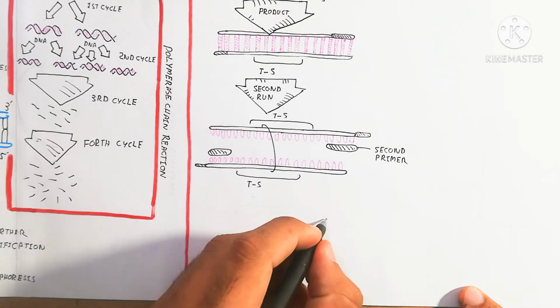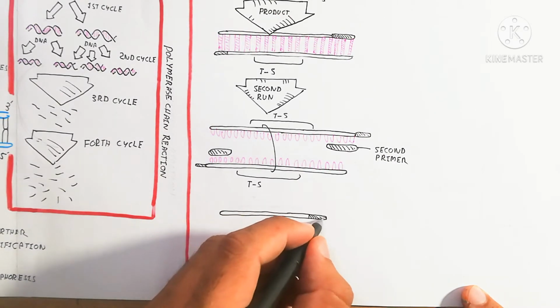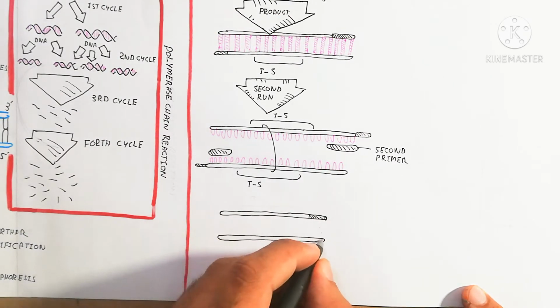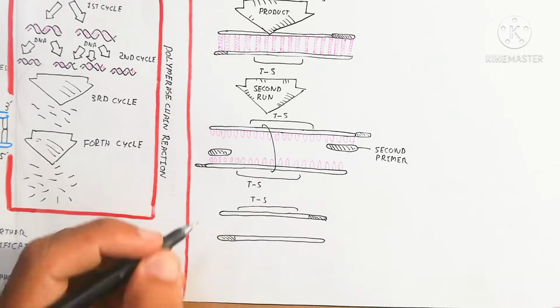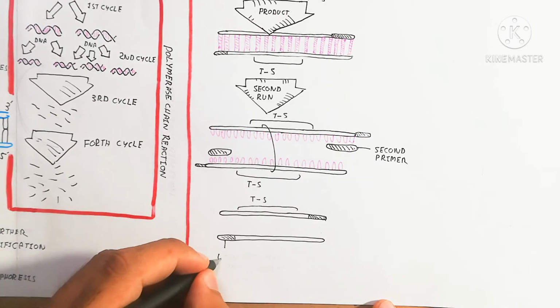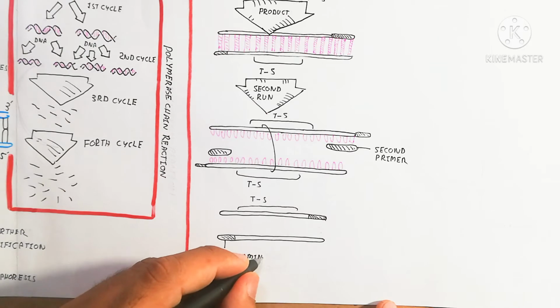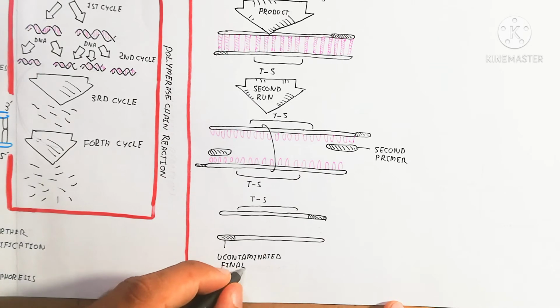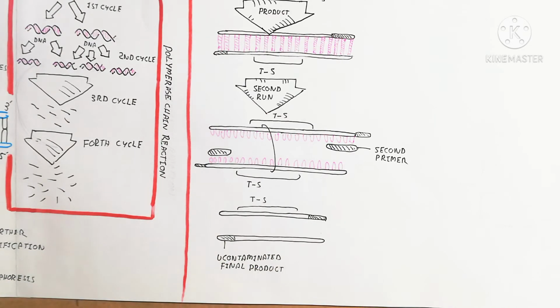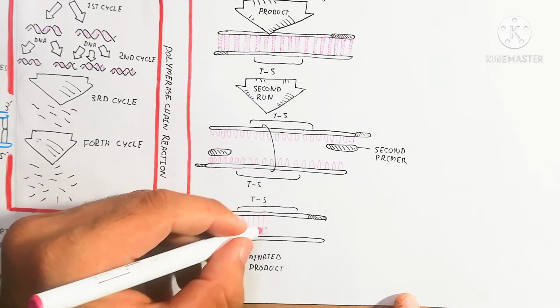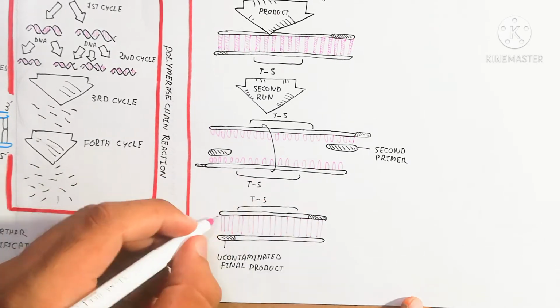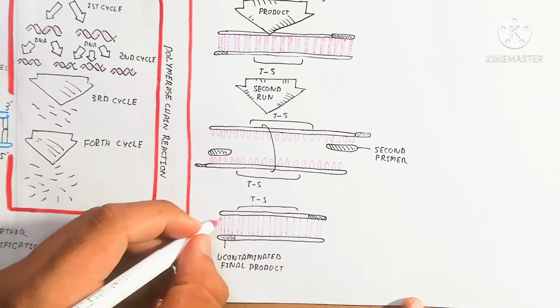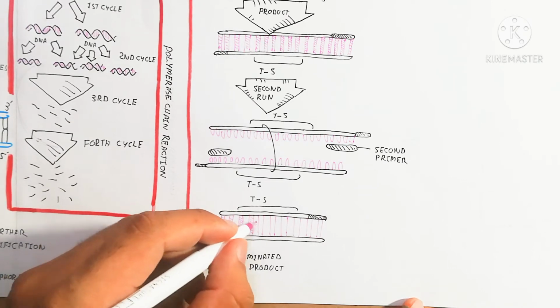So that is the specificity, which is the target sequence. So remember, with the uncontaminated final product, the contamination will be decreased by this process.